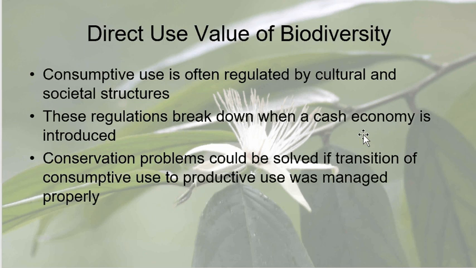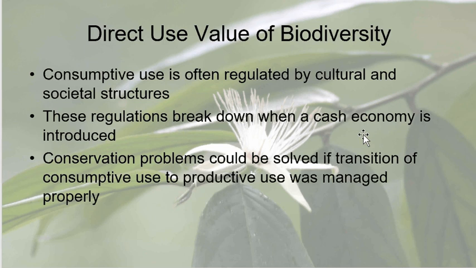The problem comes when that society transitions to a cash economy and individuals within that community see that the more they harvest, the more cash they can get, and therefore the greater things they can buy and the better living standards they can get. So they take the logical step of over-harvesting a previously sustainably harvested forest product.